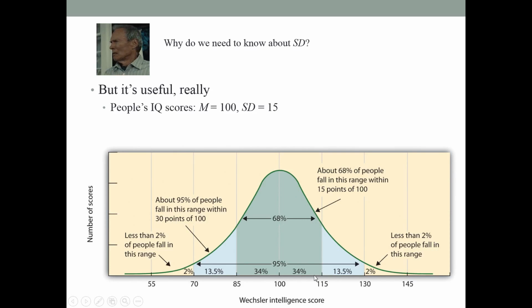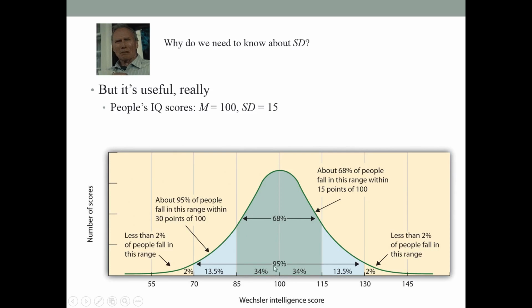This area, according to statisticians, is about 34%. That means 34% of the people relative to the whole population have scores between 100 and 115. Same as this area, one standard deviation below the mean, between 85 and 100.